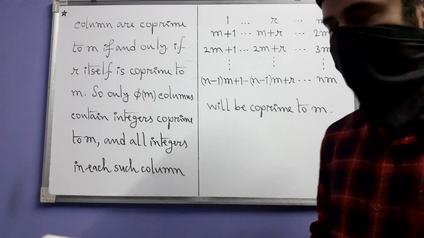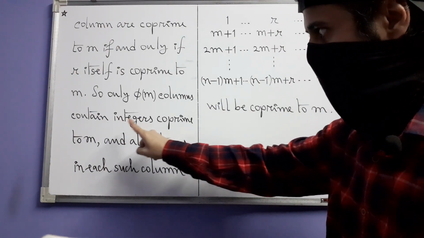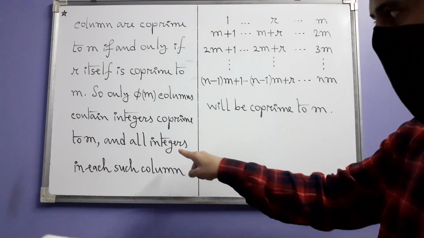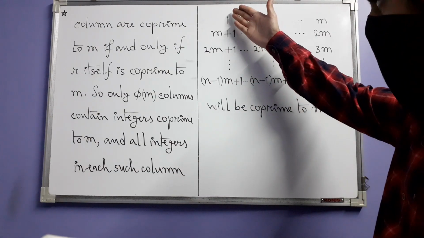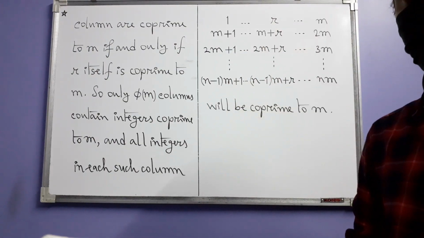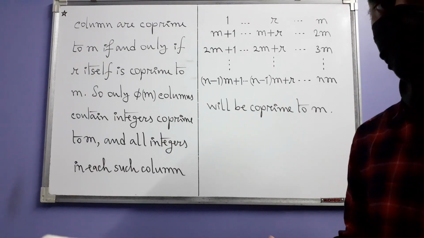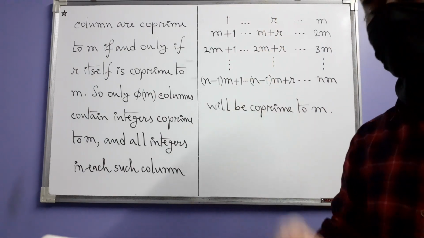And because of this, only phi of m columns contain integers that are co-prime to m. And all integers in each such column will be co-prime to m. For example, you consider the first column. Because 1 is co-prime to m, the GCD of 1 and m obviously is 1. So all these integers are also co-prime to m.